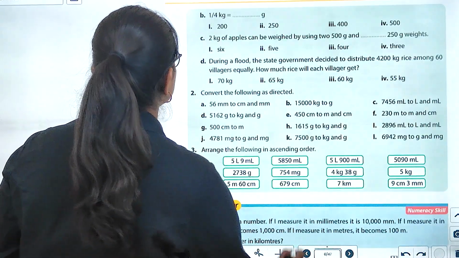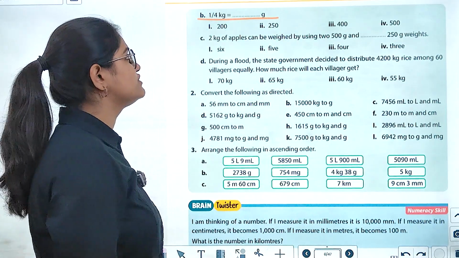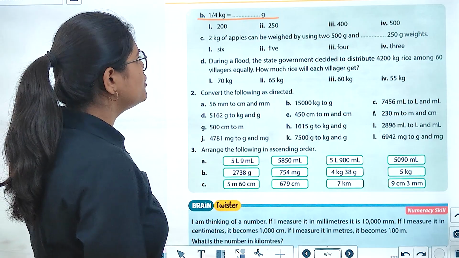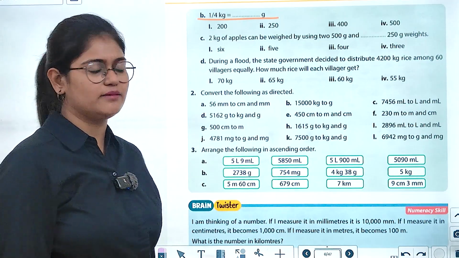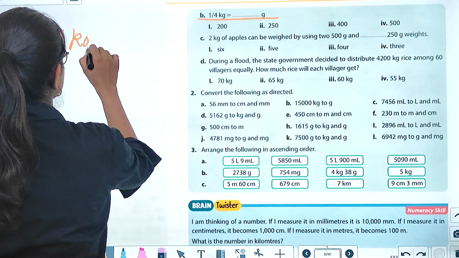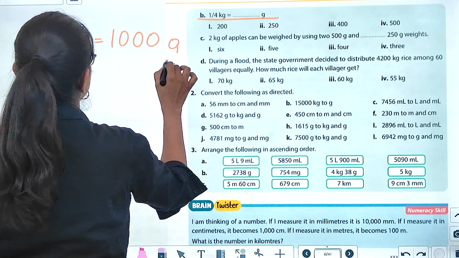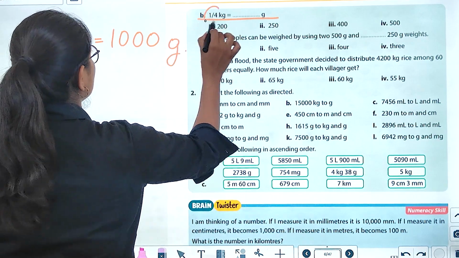Next, it is 1/4 kilograms is equal to dash grams. So 1/4 kilograms. As we all know, 1 kg has 1000 grams, right? Now they're asking for 1/4.